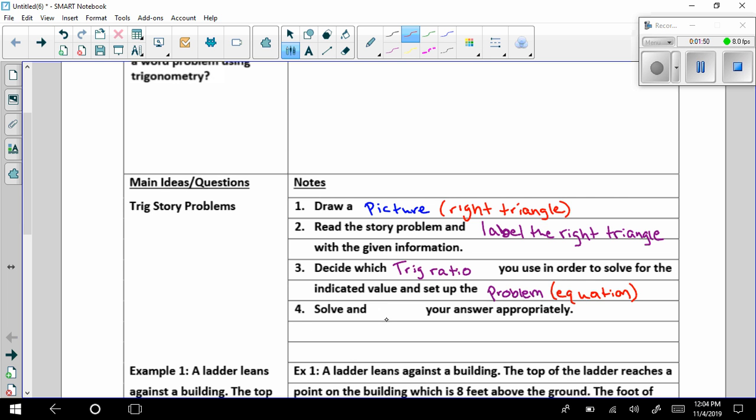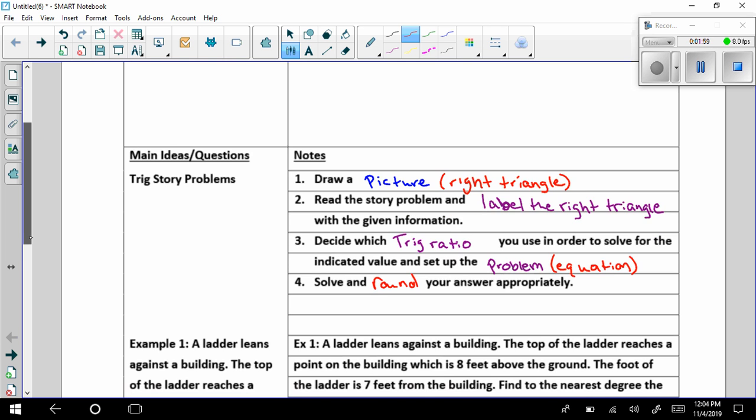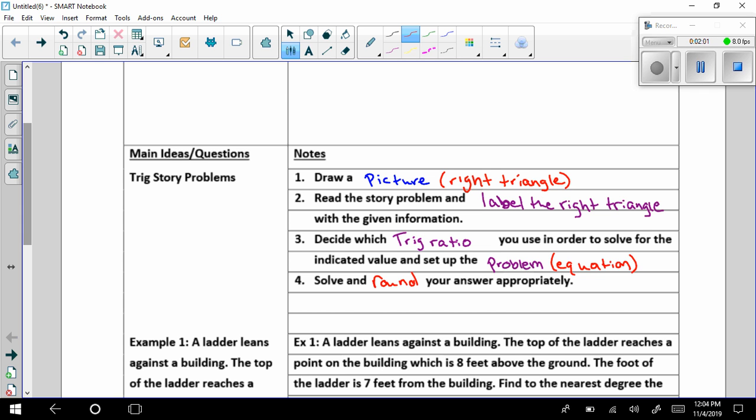All right, solve and round your answer appropriately. Okay, so make sure you read the directions as to what to round it to, and make sure your answer makes sense within the context of the problem.